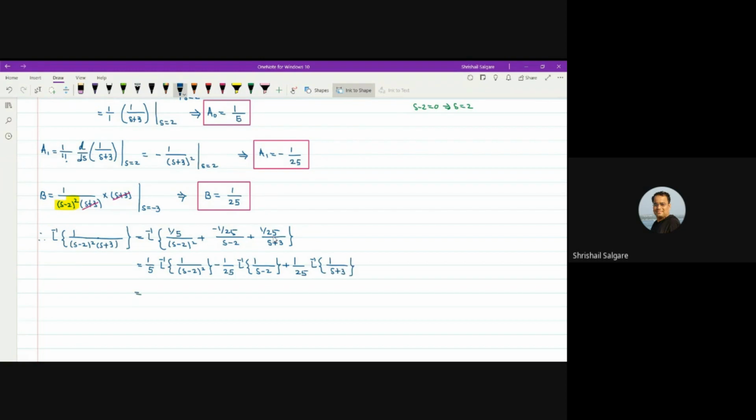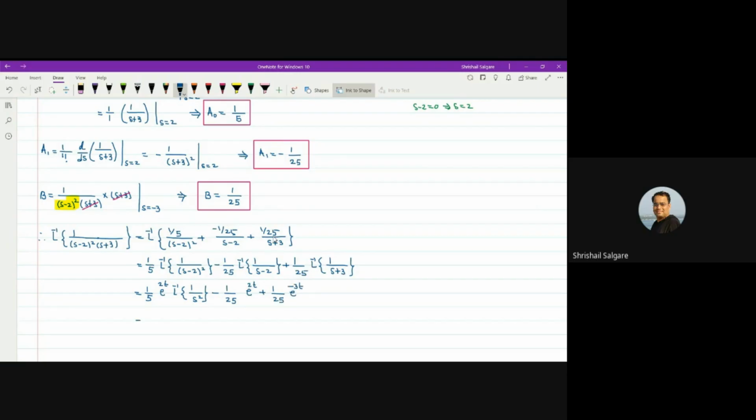So this one is given by 1 upon 5, and by using first shifting theorem it can be written as e to the power 2t into L inverse of 1 upon s square. I am right? Yes, sir. Minus 1 upon 25 into e to the power 2t. Okay. Plus 1 upon 25 into e to the power minus 3t.